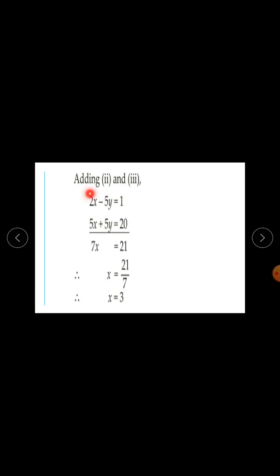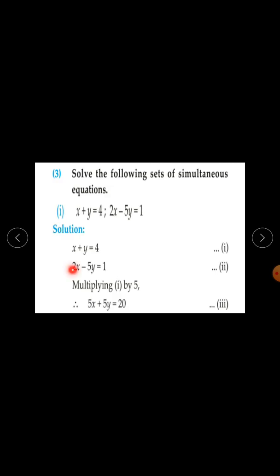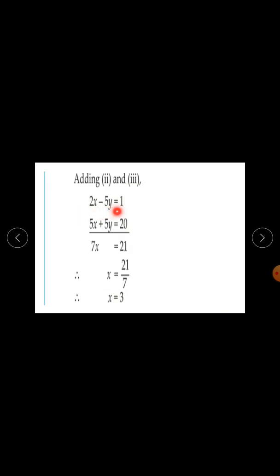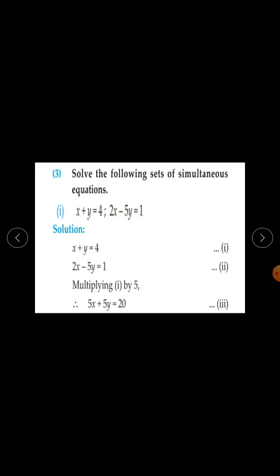Now adding the second and third equations, because we want to eliminate one of the variables. Your second equation is 2x minus 5y equal to 1, and your third equation is 5x plus 5y equal to 20.